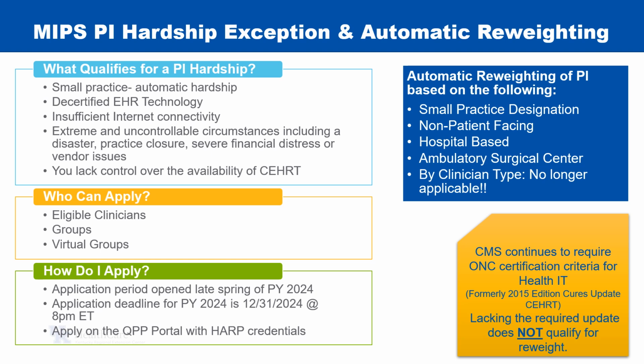Something for 2024, we've historically had different clinicians that have been automatically exempted from reporting PI. However, CMS finalized in previous rulings that in 2024 there are no other clinician types that are going to be eligible for that automatic reweighting. So if you are considered an eligible clinician based on that previous slide, there are no additional flexibilities for this.